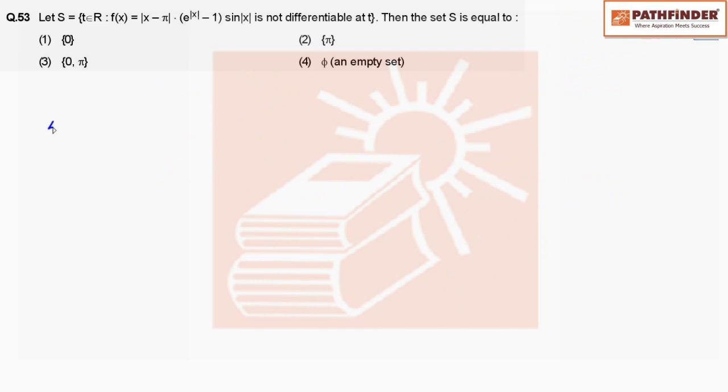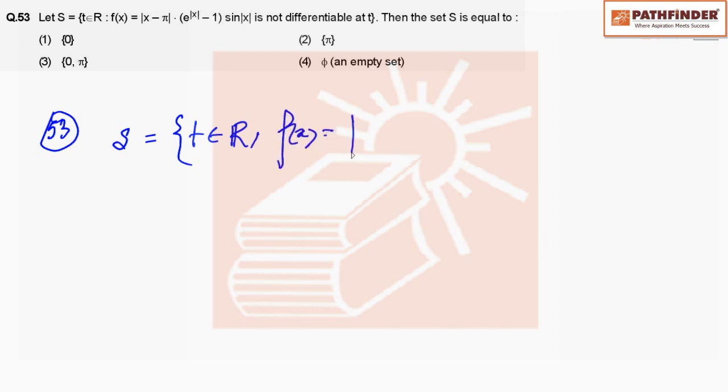Now question number 53 is a question of continuity and differentiability. Let S equal to the set of t belonging to real numbers R such that f of x equal to mod of x minus pi into e to the power mod x minus 1 into sine of x mod x is not differentiable at t.